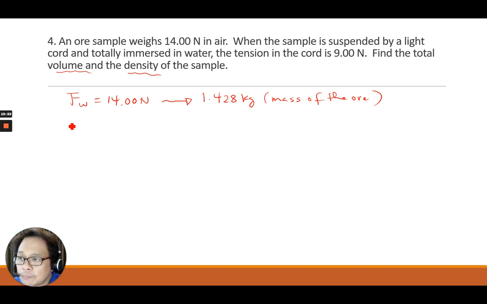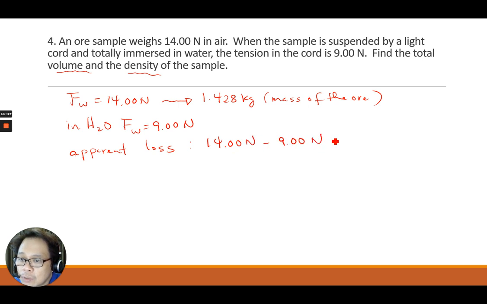In water, submerged, the FW, the apparent weight, is now 9.0 newtons. So there's a loss of 14 minus, apparent loss. That's why it's called apparent, because it's a fake loss. So 14.00 newtons minus 9.00 newtons, this will give us 5.00 newtons.